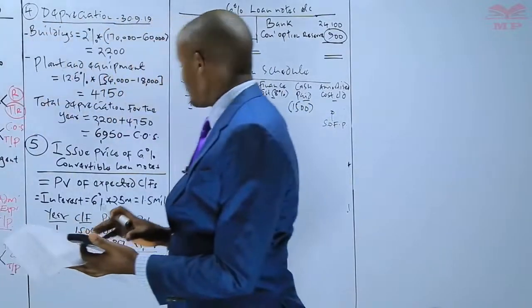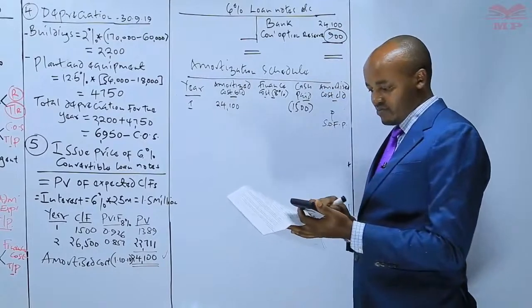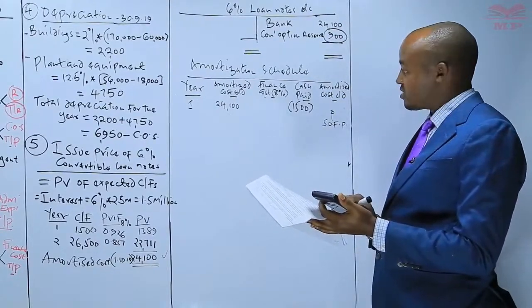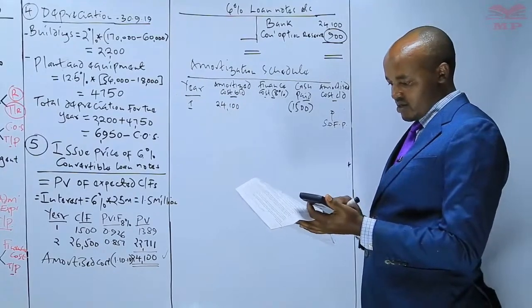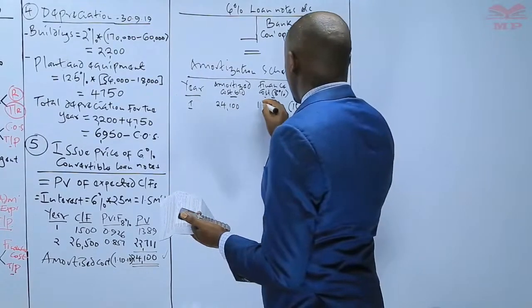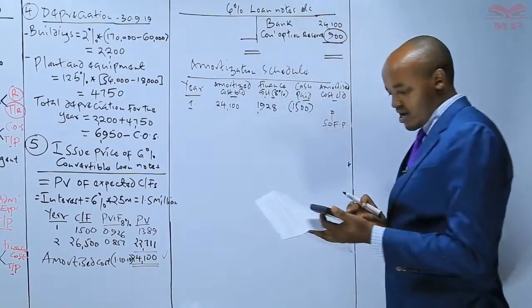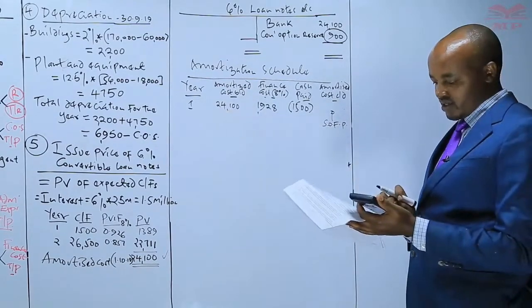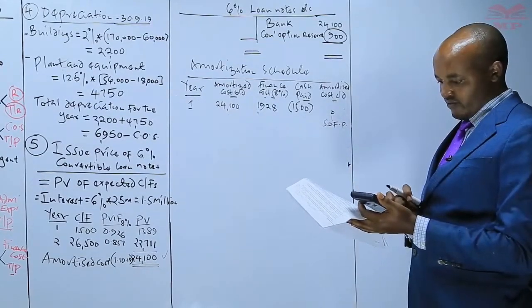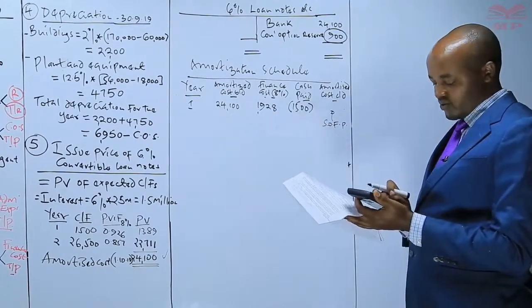We start by computing the finance cost. The finance cost will be equivalent to 8% of the amortized cost at the start, 24,100, and that will give us 1,928. And then let's compute the amortized cost at the end, which will be given by the amortized cost at the start, 24,100, plus the finance cost, minus the cash which was paid.